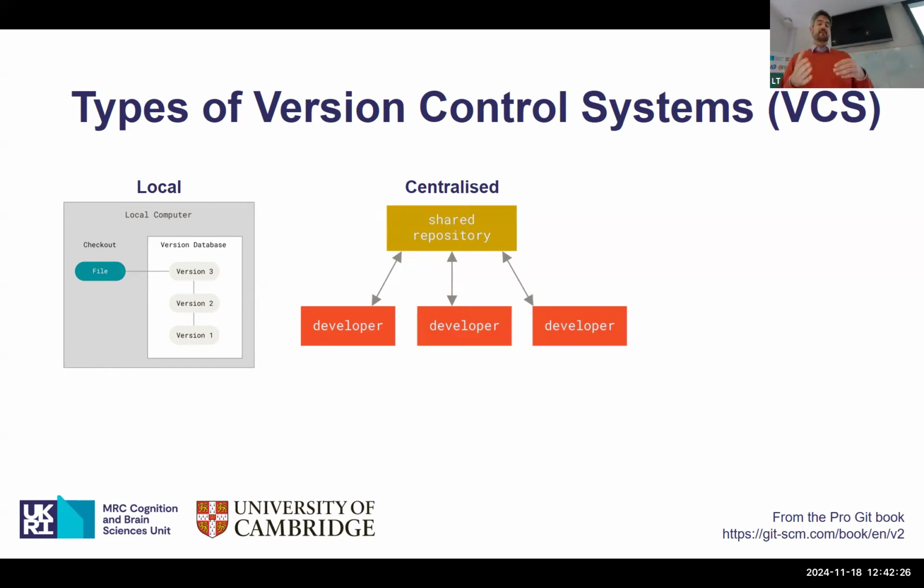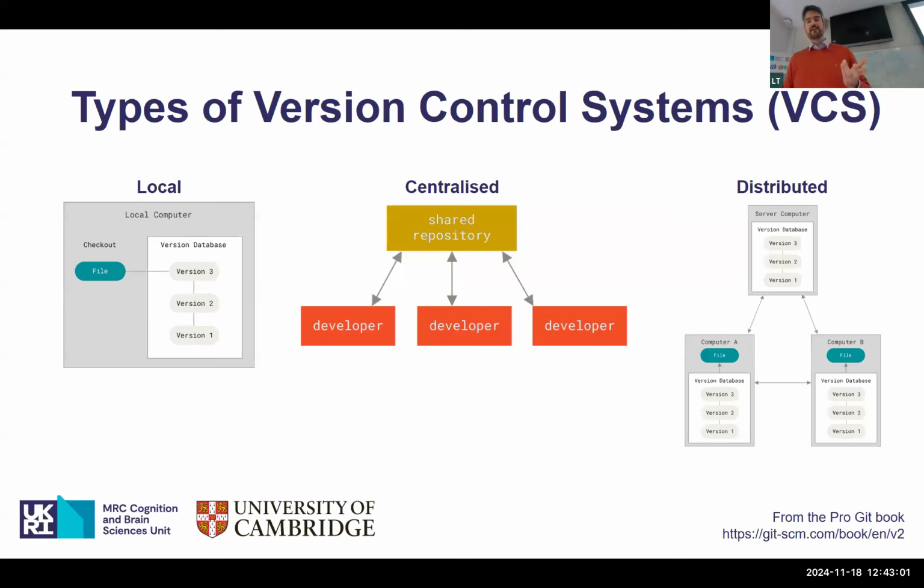This is great because it's on an online repository, probably hosted by a trusted company, so hopefully backing up is taken care of. If you lose your own version, you're not going to lose the entire project. The problem here is that usually you don't have the entire code history on your PC. So it would take time and an internet connection to go back and track some changes. That's also not ideal.